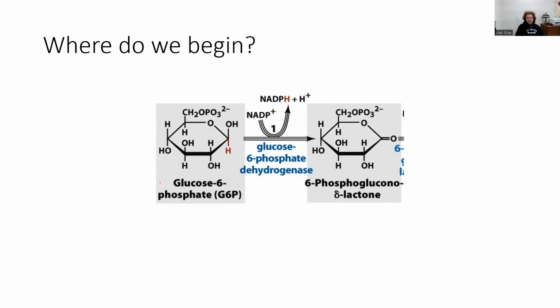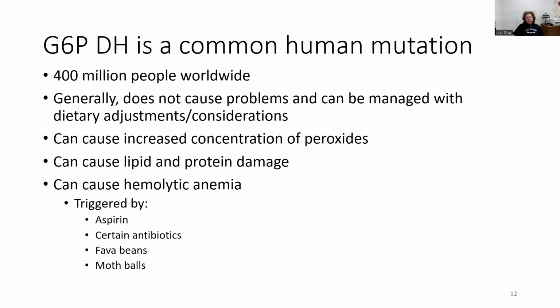The reason that it's fairly well studied is that approximately 400 million people suffer from a glucose 6-phosphate dehydrogenase deficiency. Now, in general, this deficiency does not cause a significant problem and can be managed with dietary adjustments and considerations.